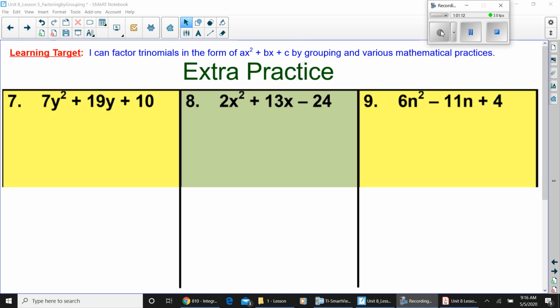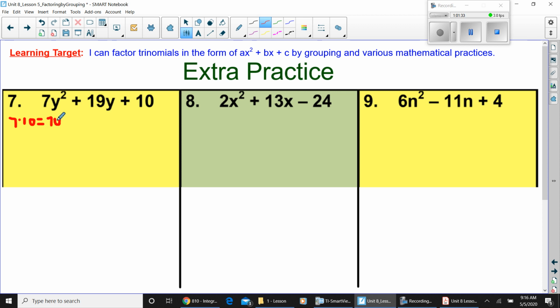Going to numbers 7, 8, and 9. Go ahead and try. Give it a shot. Just remember, if you have no greatest common factor, just go ahead, multiply 7 times 10, and you get 70.